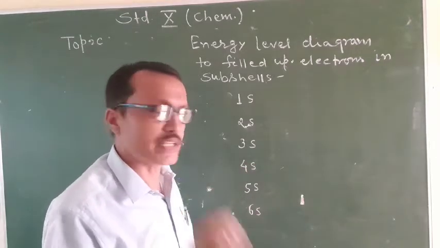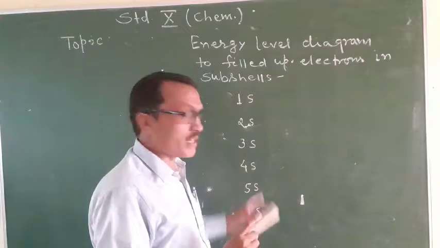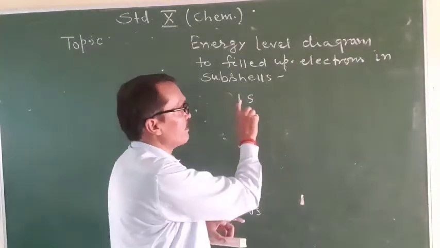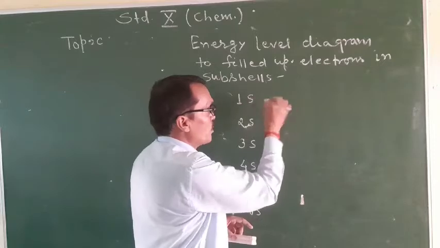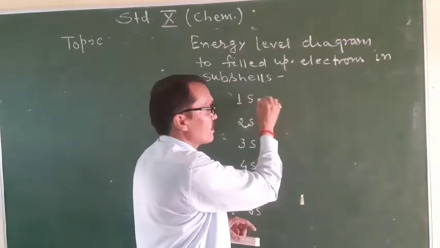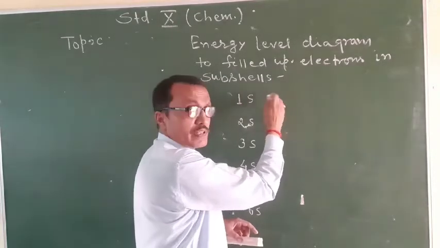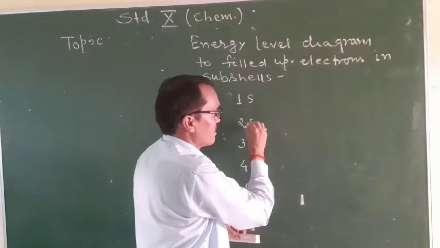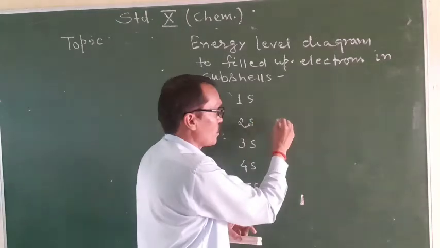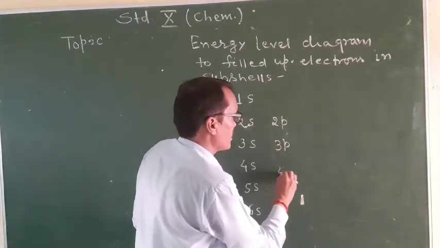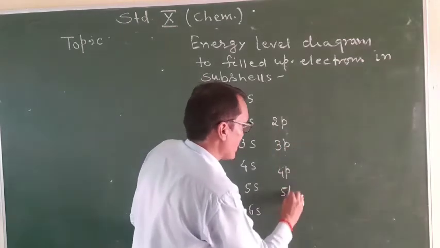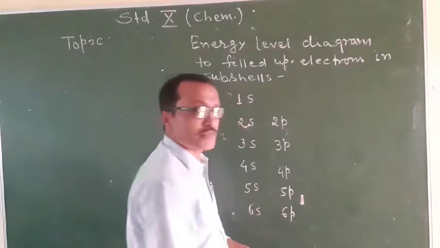So here 6s. Now students, what you have to do? You have to leave the first s. So just below the first s, in front of 2s you have to write 2p, 3p, 4p, 5p, 6p.